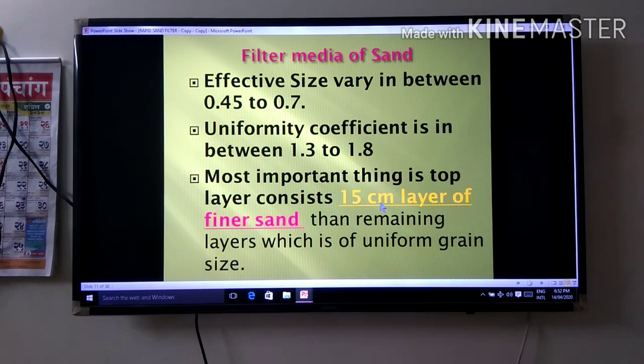Uniformity coefficient is between 1.3 to 1.8. Most important thing is the top layer consists of a 15 cm layer of finer sand, and the remaining layers are of uniform grain size.